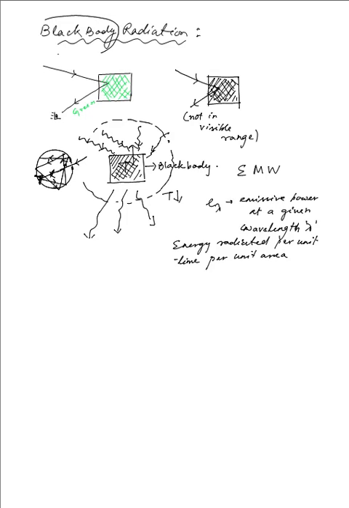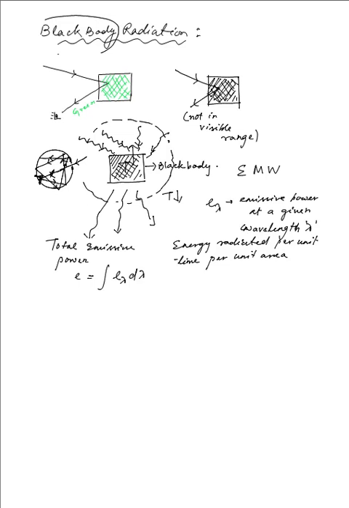And if we are to obtain the total emissive power of any given body, that will be denoted as simply E, equal to the integral of the emissive power at a given wavelength over the entire range of wavelengths available.